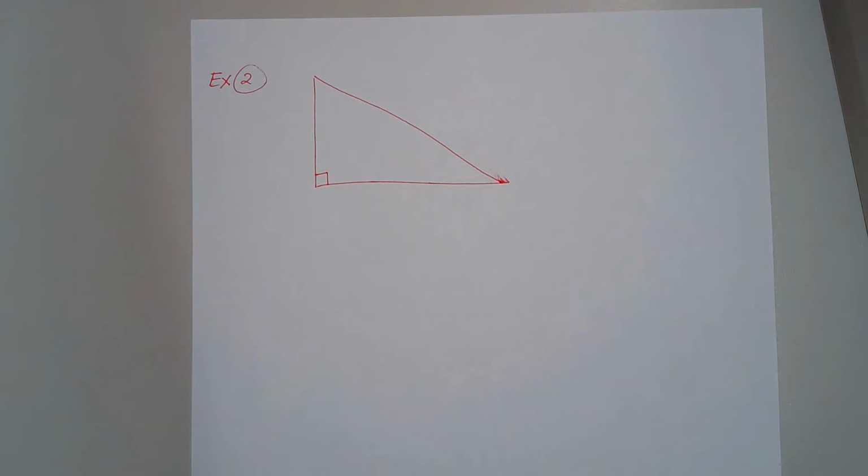So we're trying to make a right triangle in here. I'm gonna ask one of the students to give me a number for the hypotenuse. Mel, can you give me a number for the hypotenuse between 15 and 30?